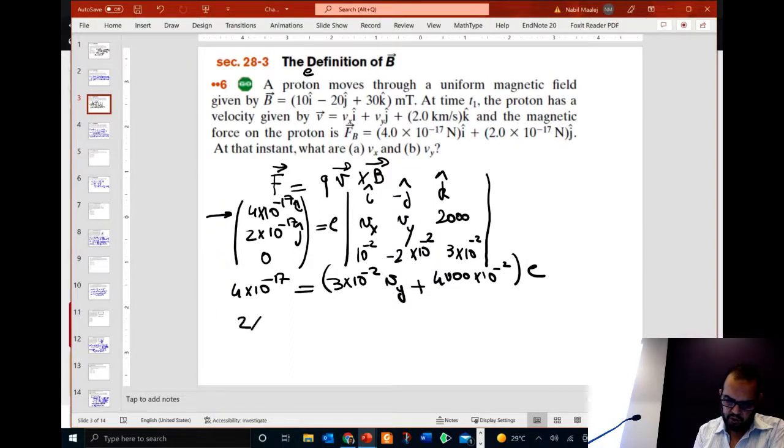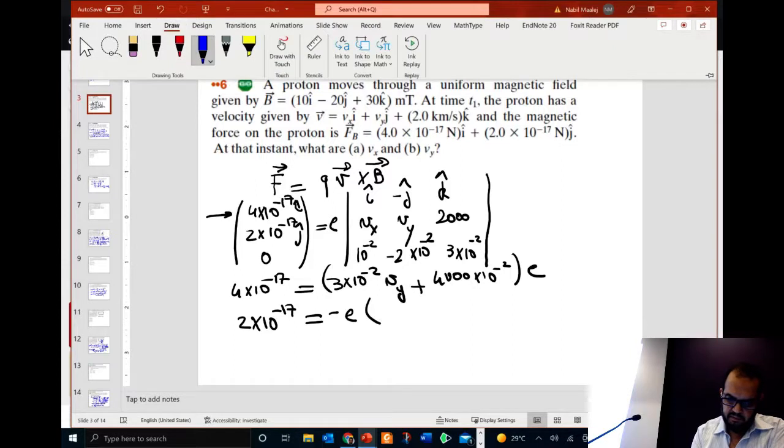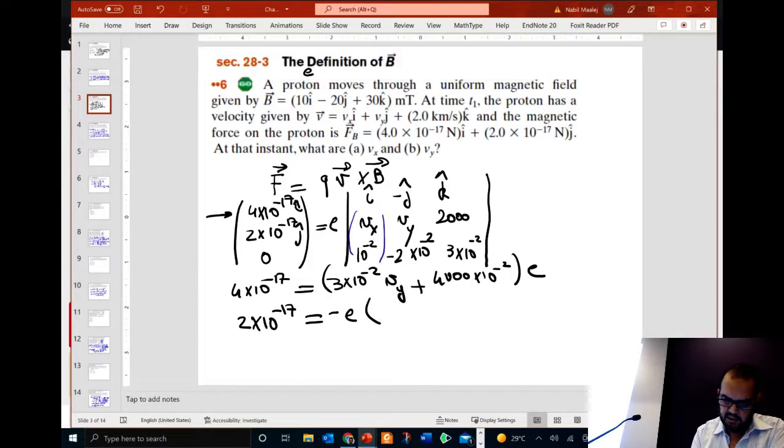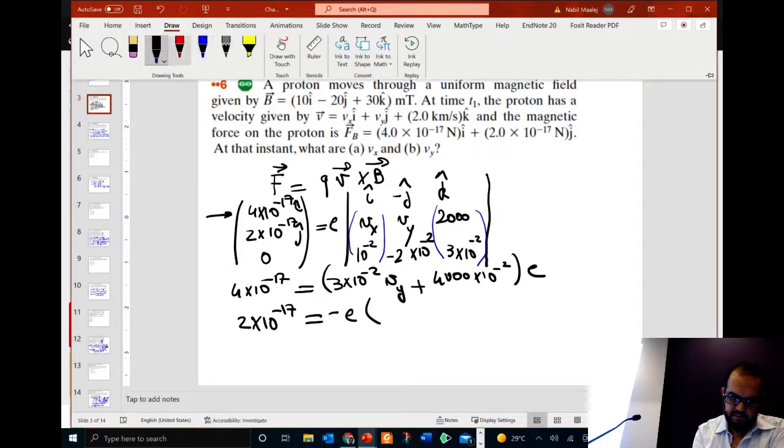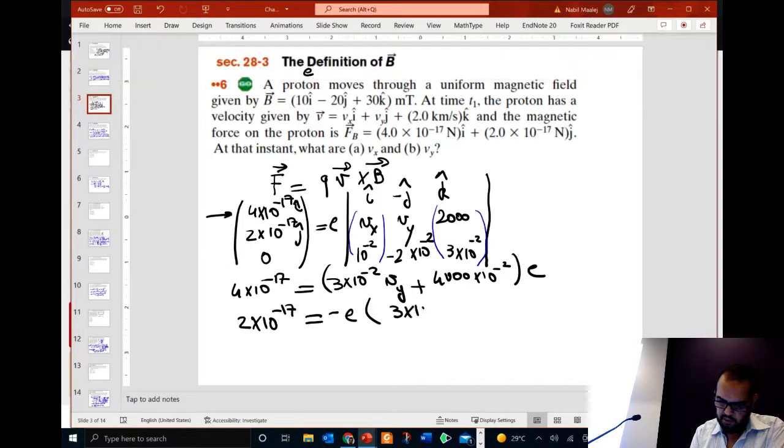So 2 × 10^-17 is going to be minus E times this matrix, it's this and this. So it's going to be minus E, so Vx times 3 × 10^-2, that's 3 × 10^-2 Vx.